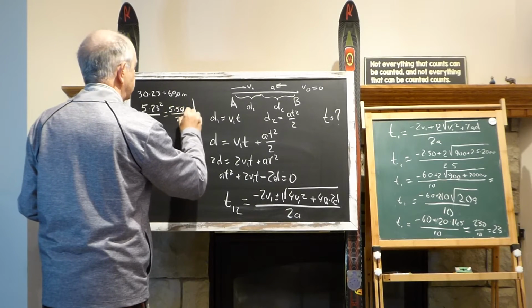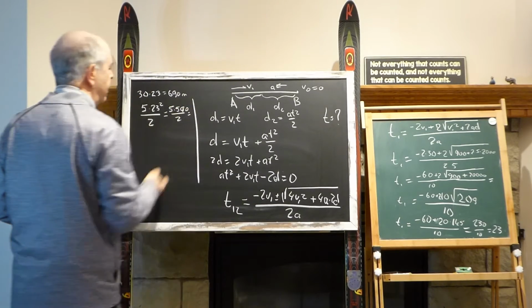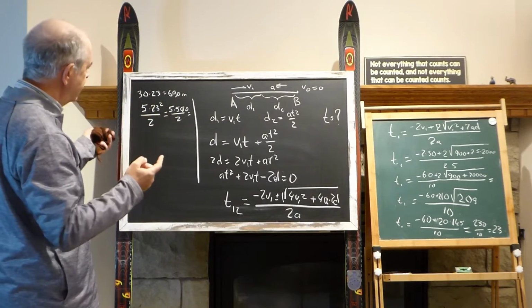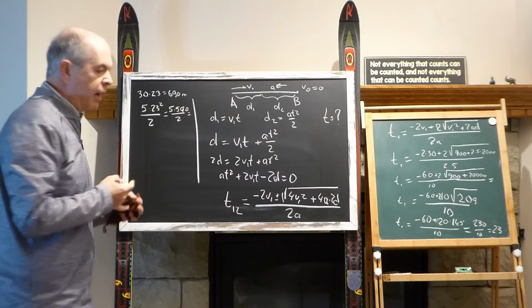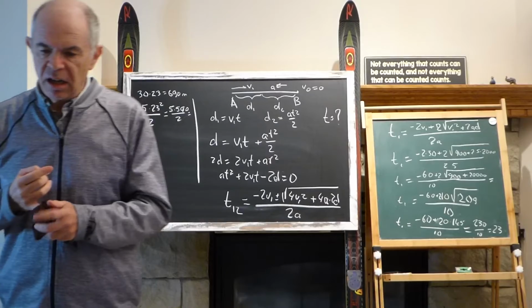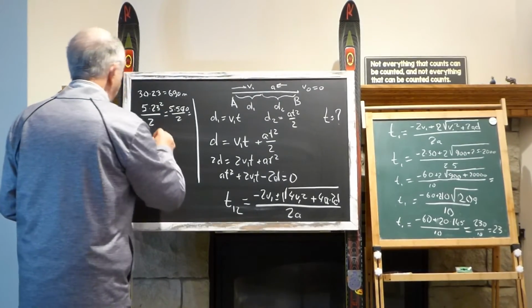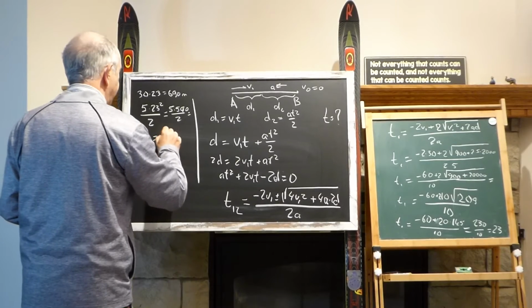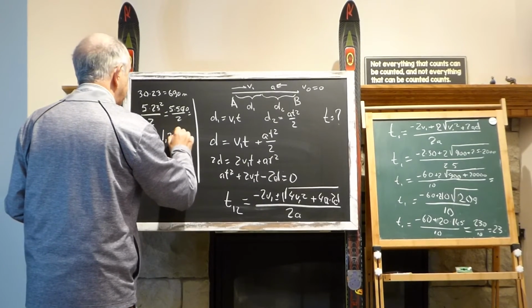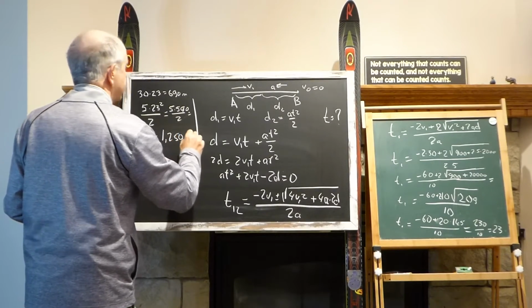590 divided by 2, times 5, would be very roughly 1,250. You can check with calculators.